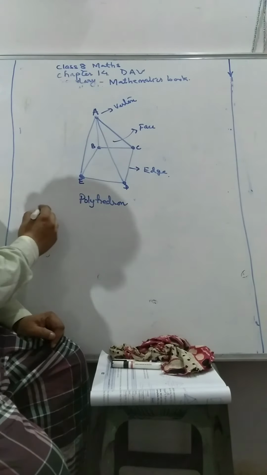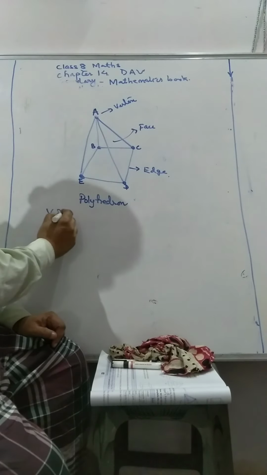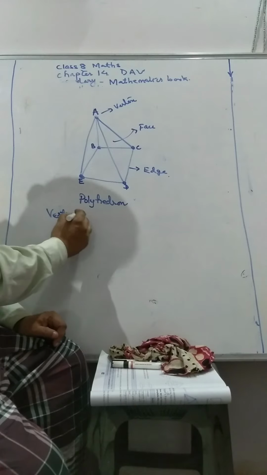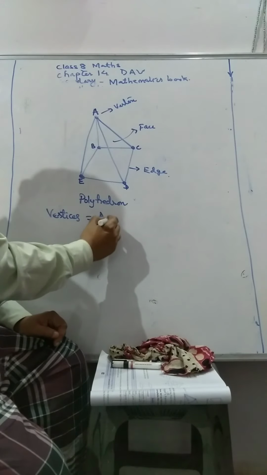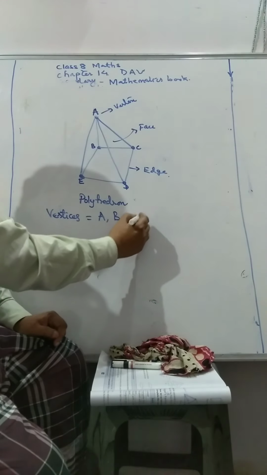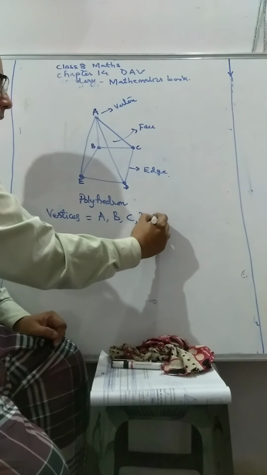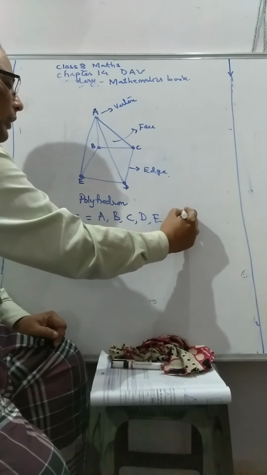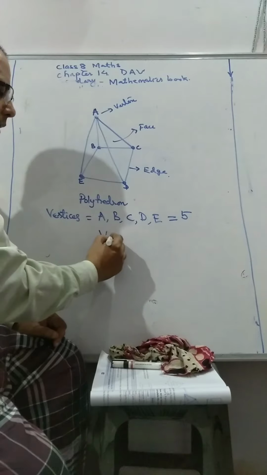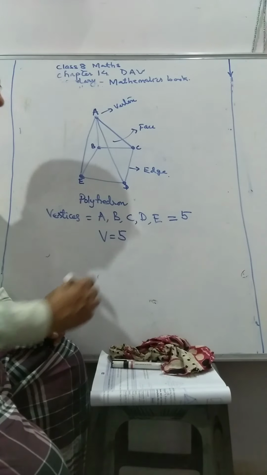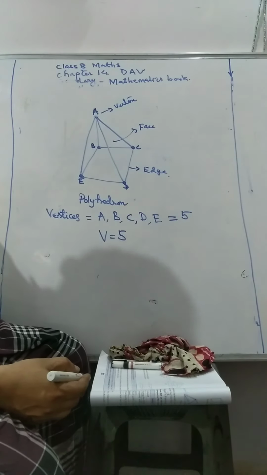Now, how many vertices? We see A, B, C, D and E. So there are 5 vertices. So V is equal to 5 in this polyhedron.